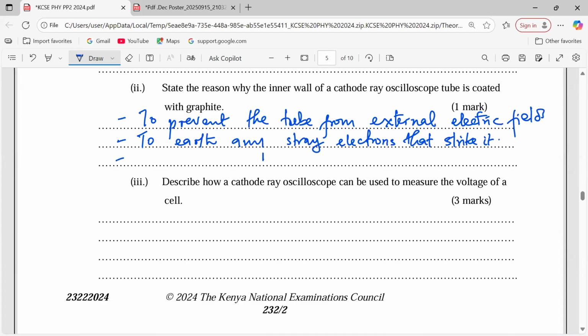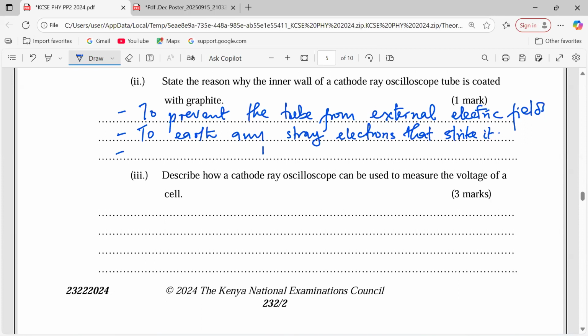And also, we are supposed to talk about this particular graphite layer assisting to accelerate electrons to the screen, since it has electrons which are negative, hence repelling the electrons produced at the cathode.